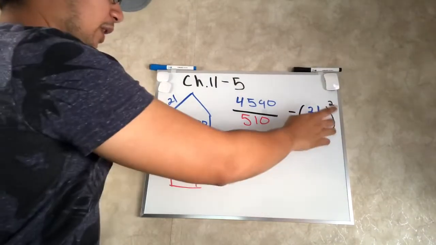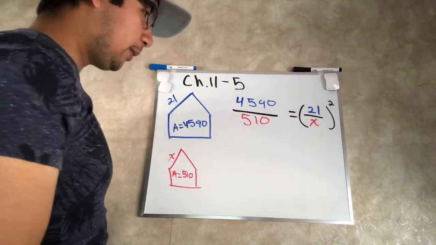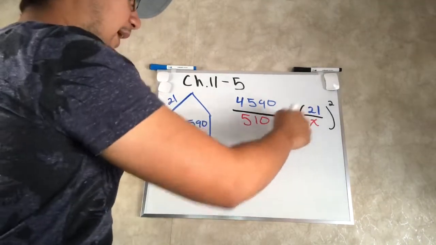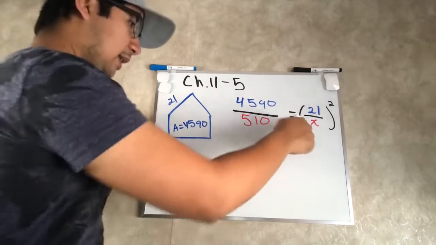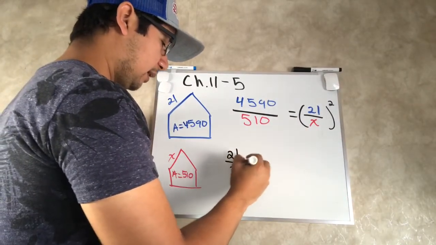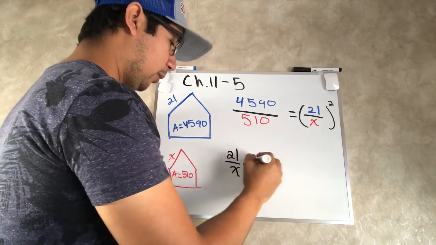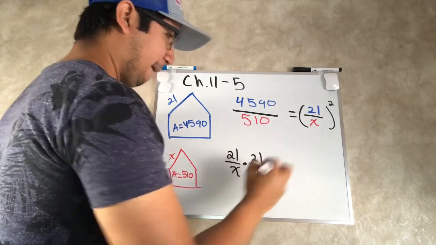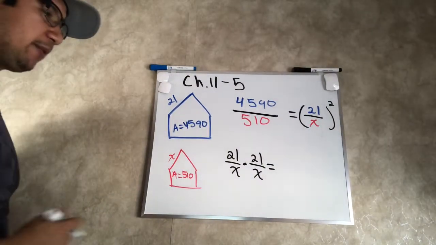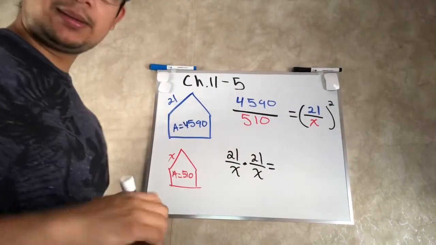So now we're going to solve, again, we're going to start by solving this one here. 21 over x squared is going to be the same thing as 21 over x times 21 over x. Okay. Now from here we have 21 times 21.